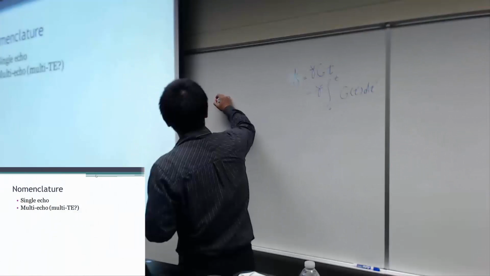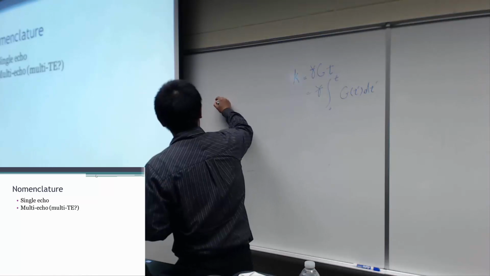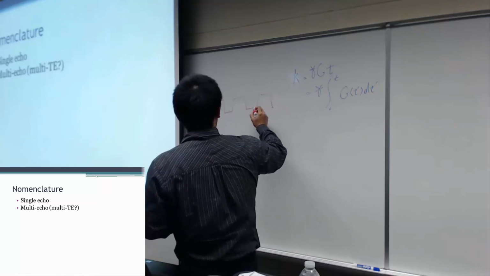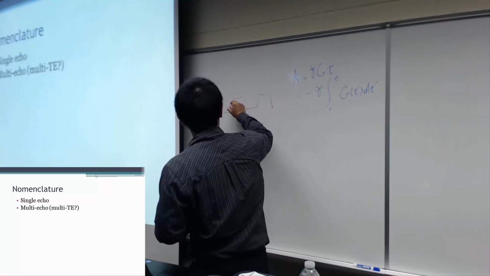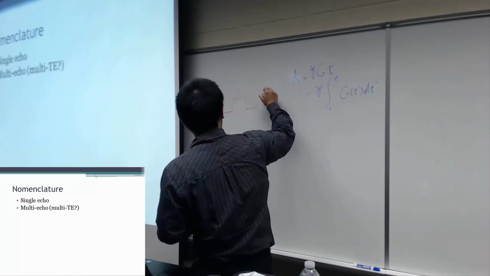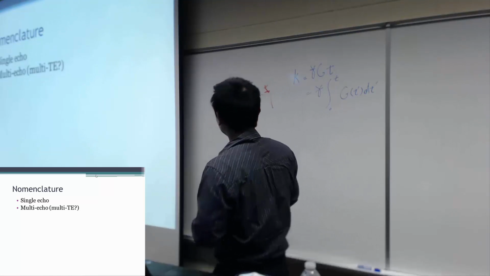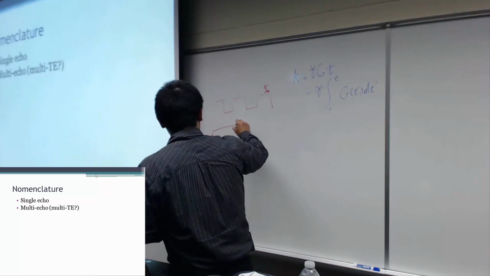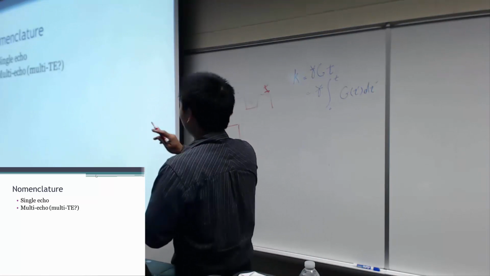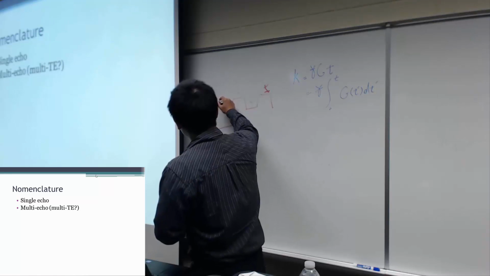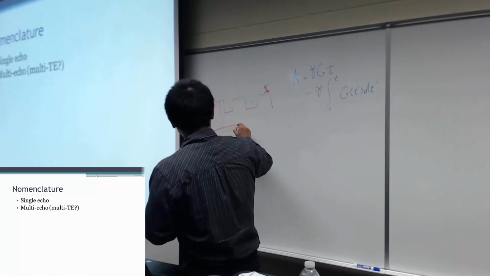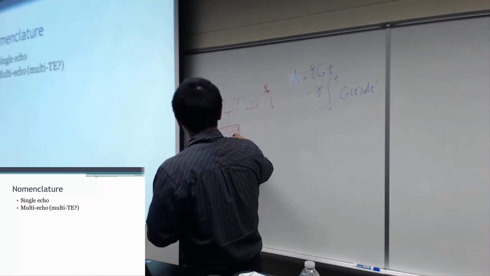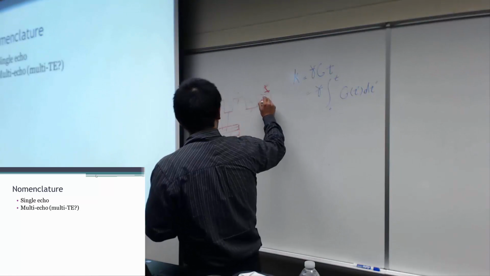Okay, so if we collect, let's just say, 5 echoes. 1, 2, 3, 4, 5. For the normal multi-echo, we can say that the first echo goes in here, the second echo goes in here, the third echo goes in here, 4 and 5.